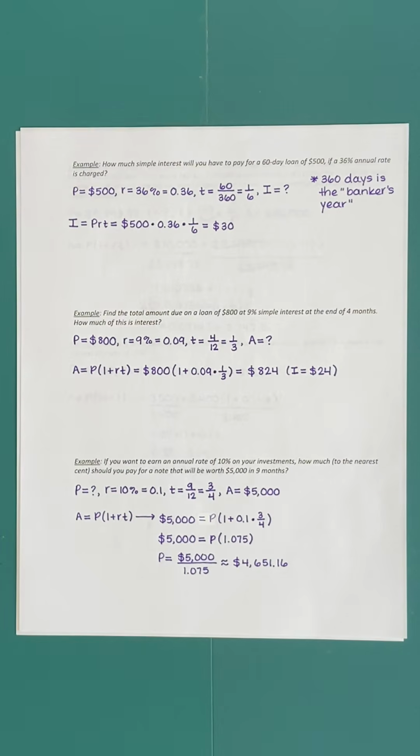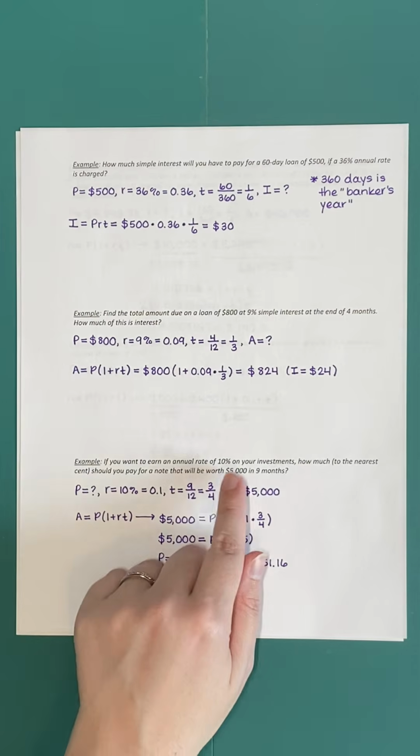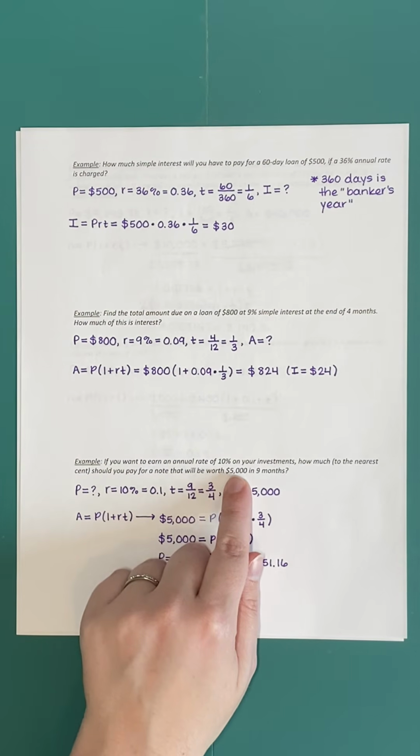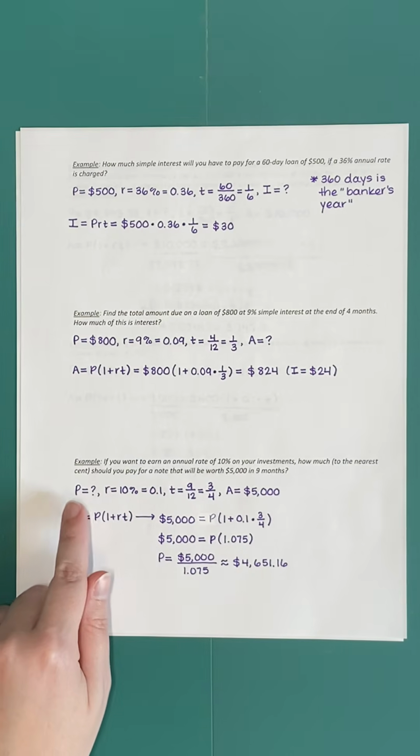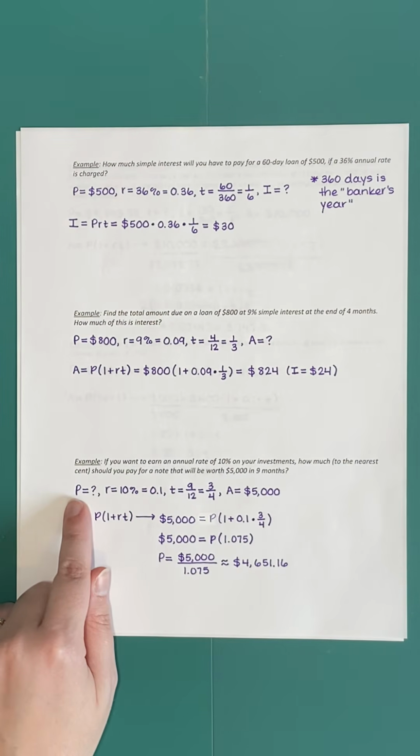Because we're looking for a value today, our variable is going to be principal. What we've been given is A, the account balance, the future value. We're looking for what we need to pay now, which represents our principal.